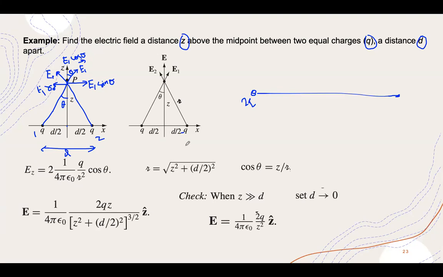Can you repeat, because your sound broke up? Sir, the electric field by the two charges will cancel out each other. Which direction? Here we saw that the horizontal component was 0, but the vertical component added. But in this situation, will it be the same? Sir, I think the two electric fields will be added. Yeah, but which component? E1 plus E2. Sir, the vertical component. Are you sure?